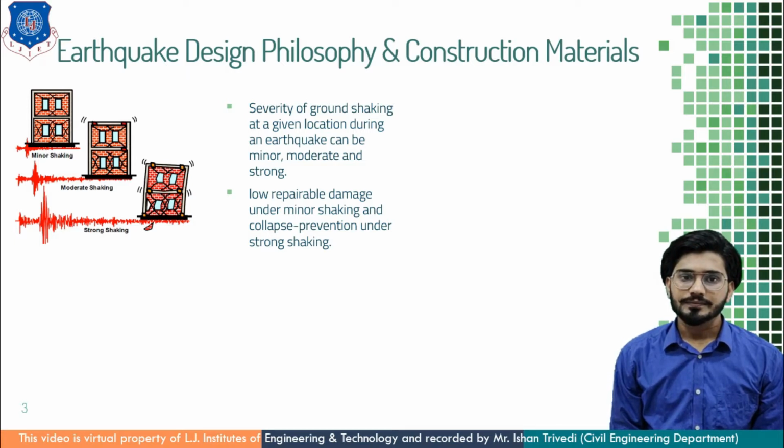Every year, you will feel minor and moderate earthquakes, with a magnitude of about 5 to 6 for minor earthquakes, whereas for moderate earthquakes it is 7.1 to 7.9. Strong earthquakes are very rare, like once in 500 years or once in 2000 years.